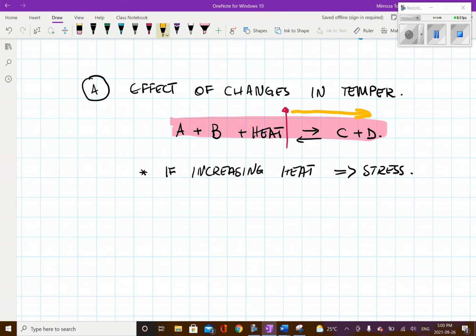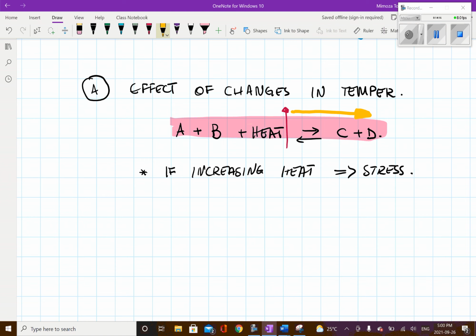Therefore, the equilibrium will be shifted to the right of the reaction. So we'll use up the heat that we are changing, that we are stressing the equilibrium system with, to reach a new equilibrium system.